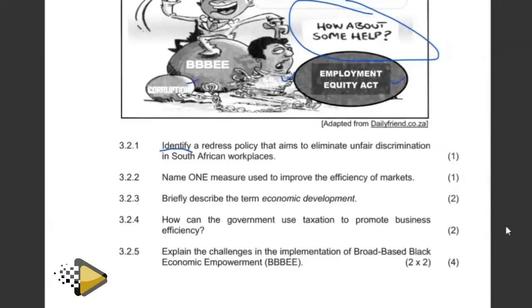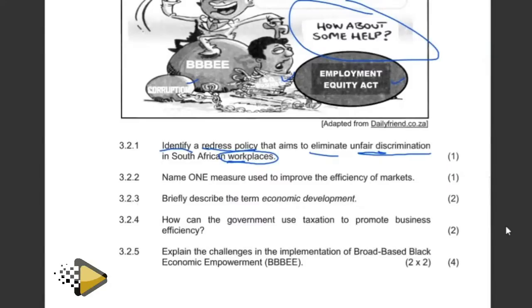Now, grade 12, when we talk of elimination, we talk of unfair discrimination, we also talk of the workplace. These are the key concepts that you should always take into account, as well as the redress policy. Okay, right.